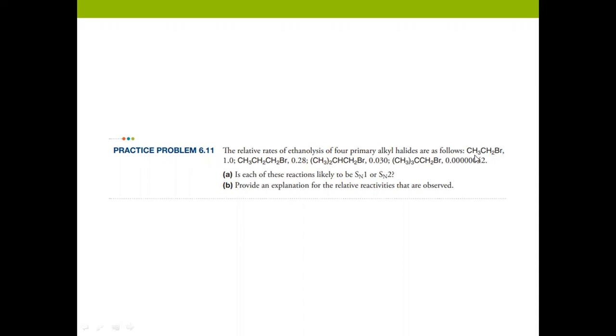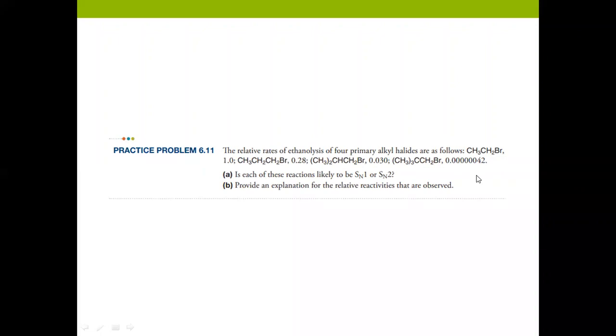Okay, ethanol. Beside each alkyl halide, there is a rate of reaction. The rate of reaction for ethyl bromide is 1, propyl bromide is 0.28, and 2-methylpropyl bromide is 0.03, and the last one is 0.0042.